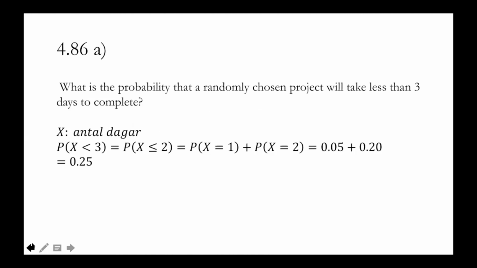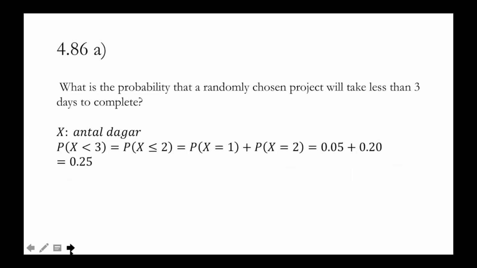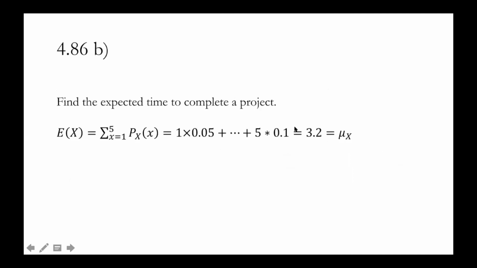In this exercise, I take 1 times 0.05 plus 2 times 0.2 plus 3 times 0.35 plus 4 times 0.30 plus 5 times 0.10. And the expected time to complete this project will then be 3.2.